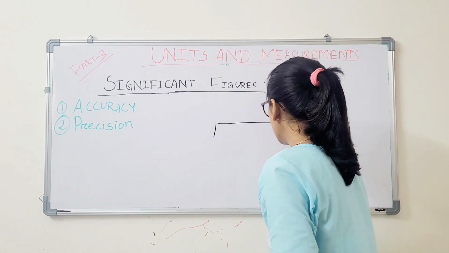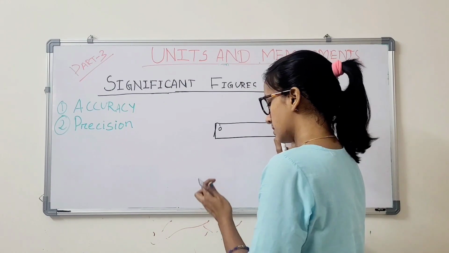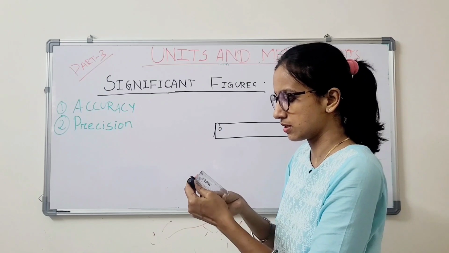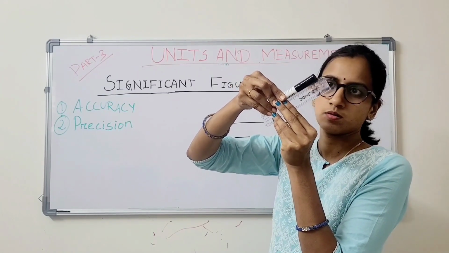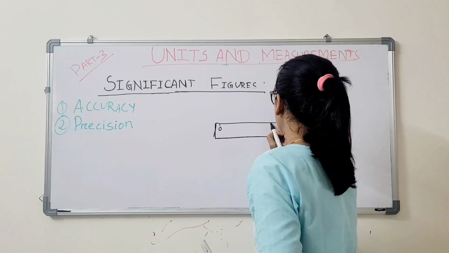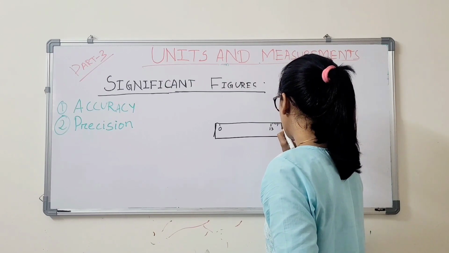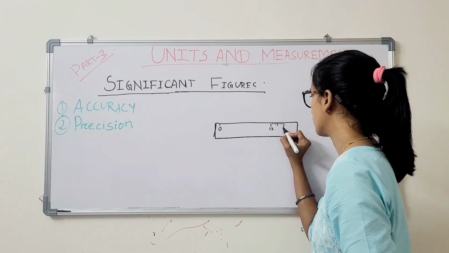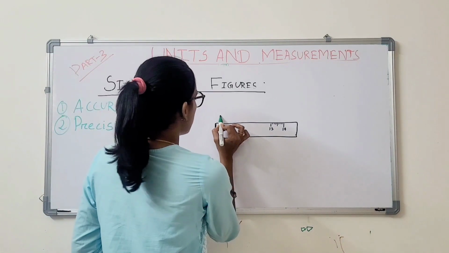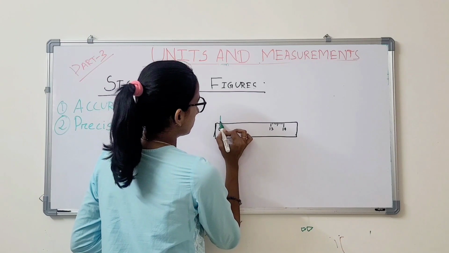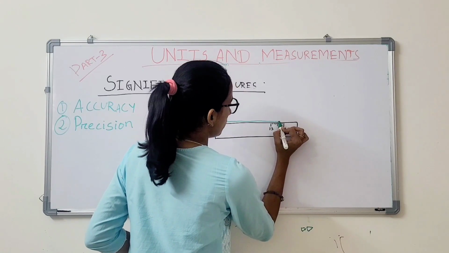So if this is my scale and this is the zero of my scale, then I am coinciding the end of the marker with the zero of the scale, and my marker pen's length is coming up to this point.